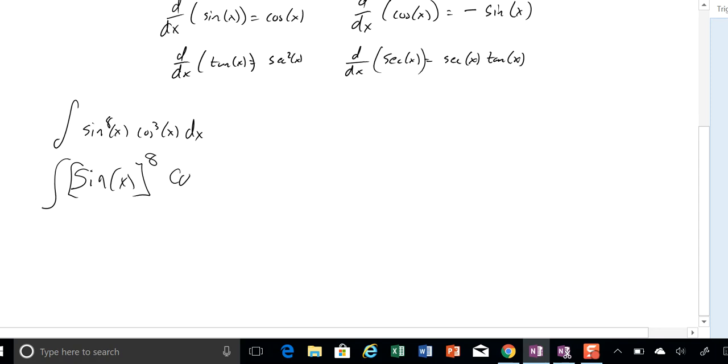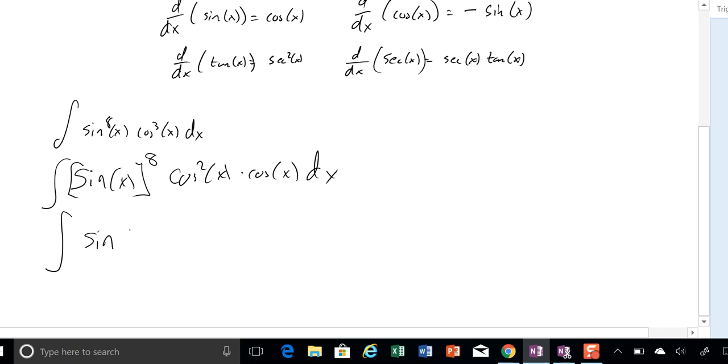I'm going to take that as cosine squared x times cosine of x dx. I'm pulling off that one cosine of x because I know the derivative of sine is cosine, and I'm going to need a cosine as part of that substitution.